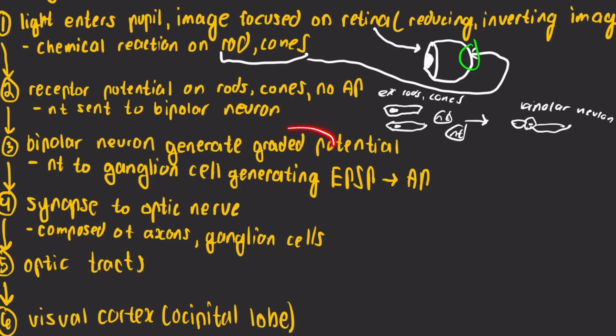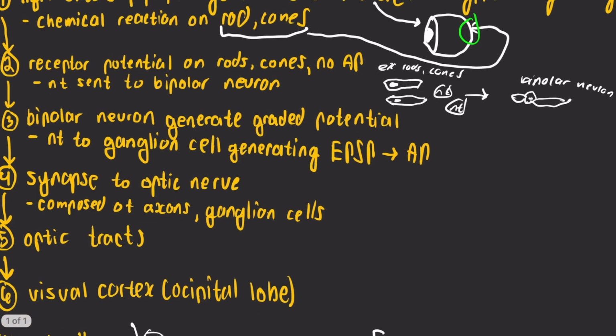And when we generate a graded potential, we will then send neurotransmitters again. Same idea here, where it's sending from one neuron to another neuron, or one structure to another structure.